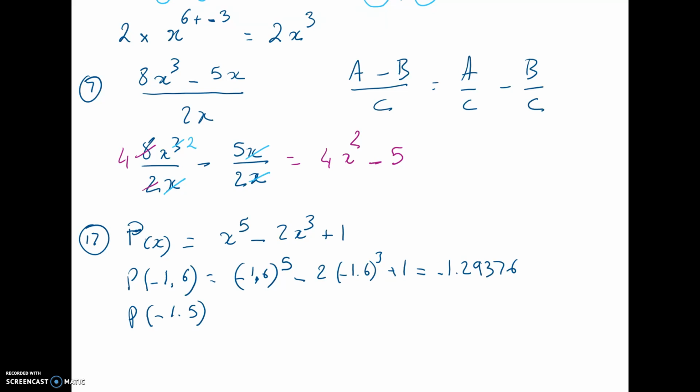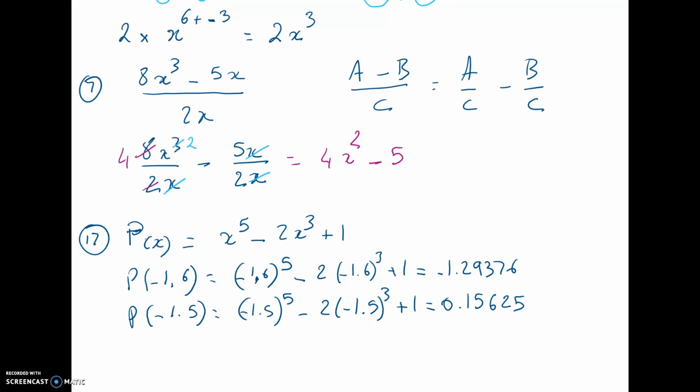And if I do the same for negative 1.5 to the 5th minus 2 times negative 1.5 cubed plus 1, I end up finding 0.15625.